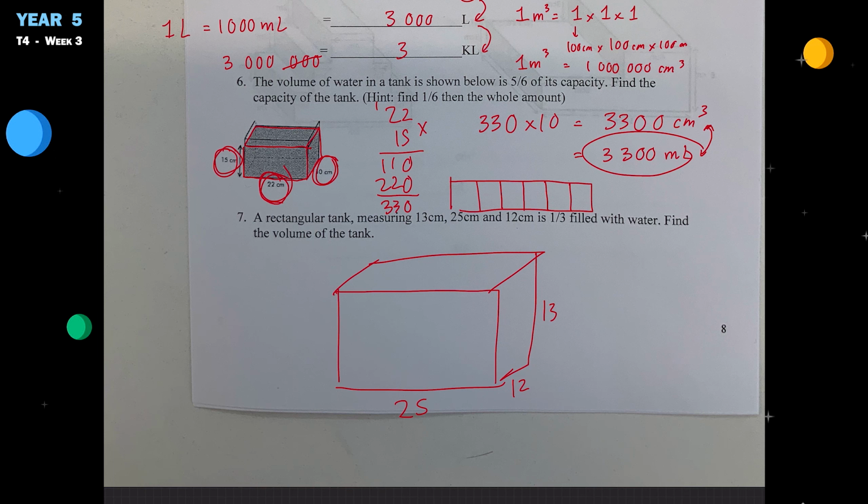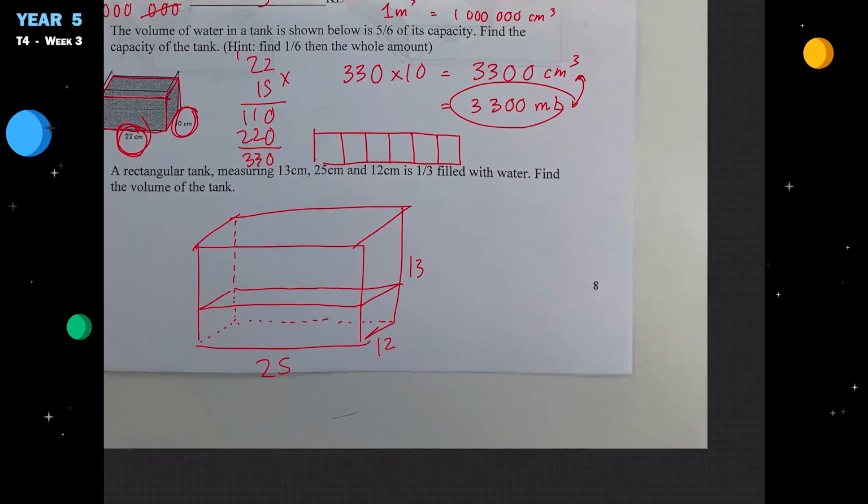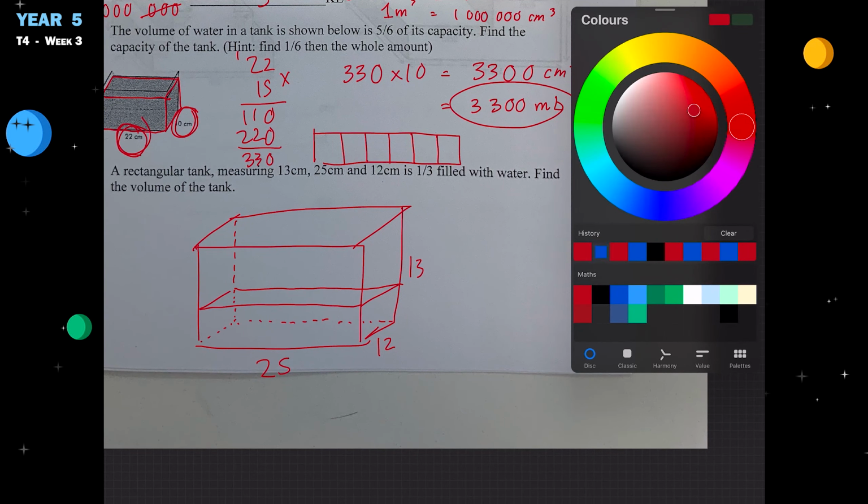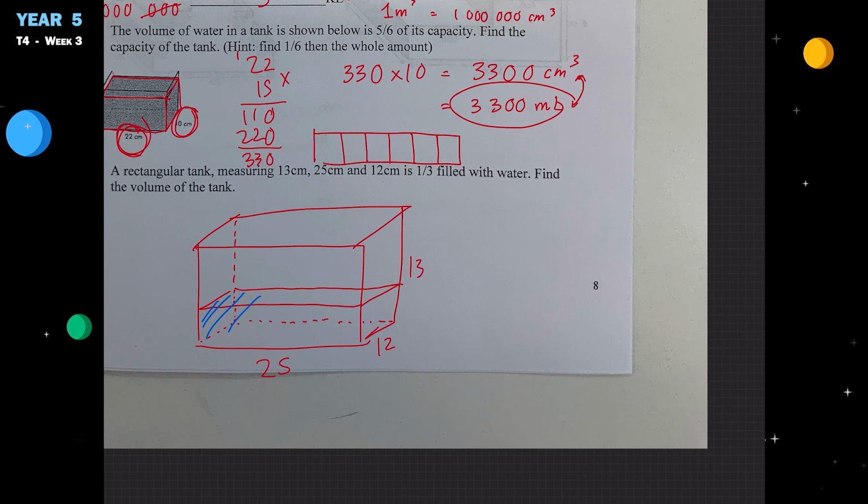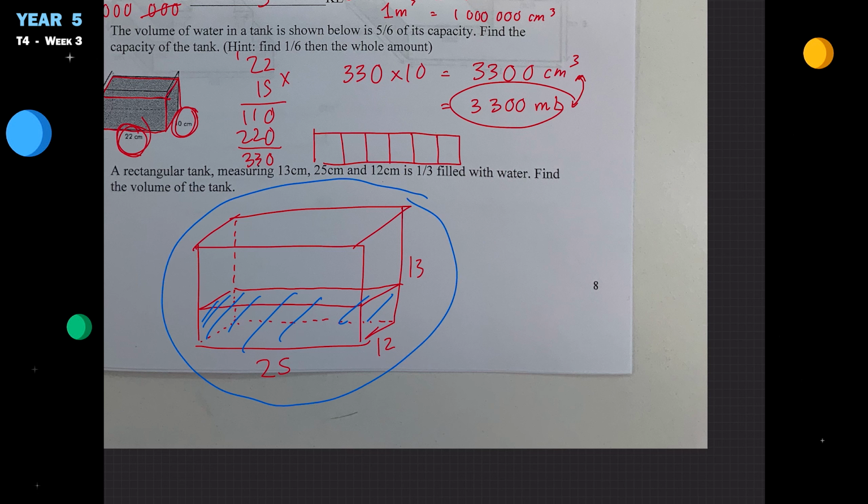Okay, to find the volume of the tank, because the question is not very clear on whether they want you to find the volume of the entire tank or just the amount of water, 2 answers are acceptable in this case. If you find the volume of the water, first we have to find the volume of the entire tank. So the volume of the entire tank is 25 times 12 times 13.